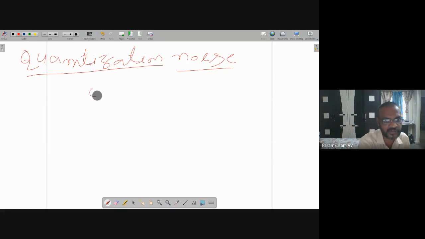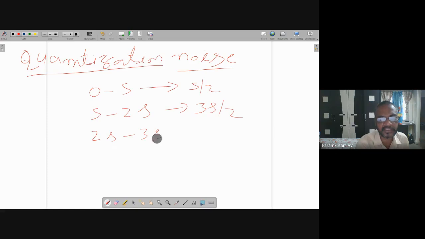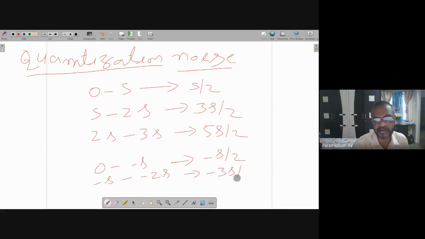The range from 0 to S is mapped to S by 2, S to 2S is approximated by 3S by 2, and 2S to 3S is approximated by 5S by 2, like this. Similarly, 0 to minus S is approximated by minus S by 2, and minus S to minus 2S is approximated by minus 3S by 2.